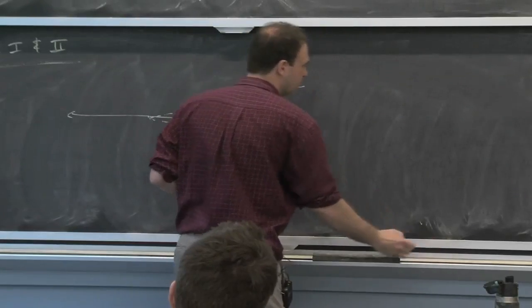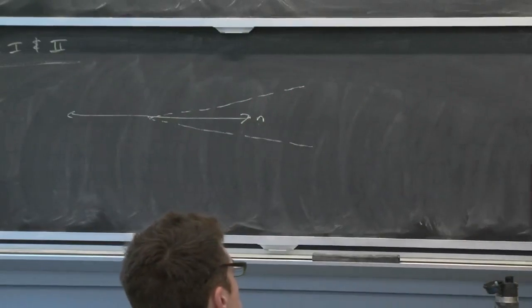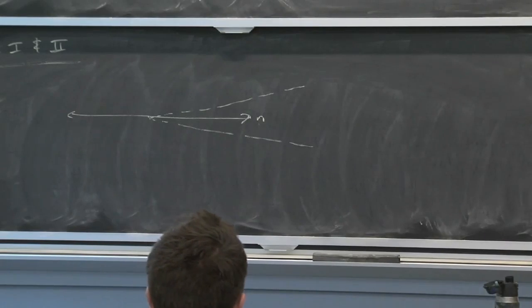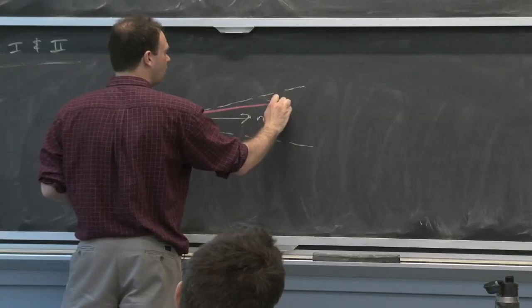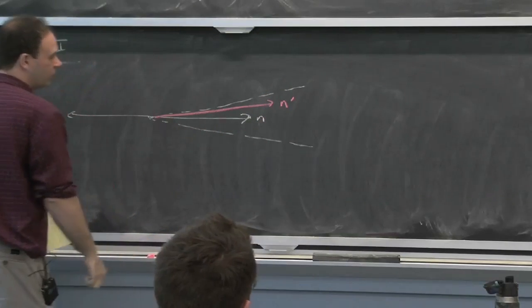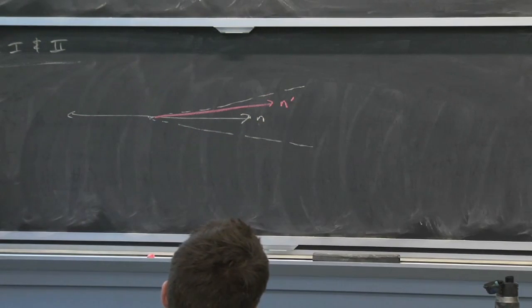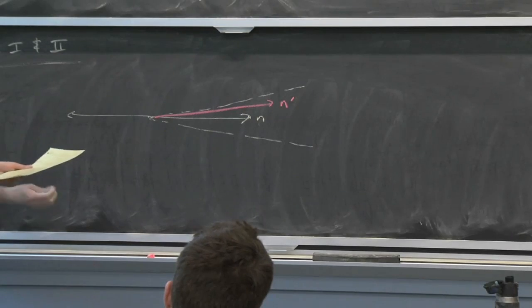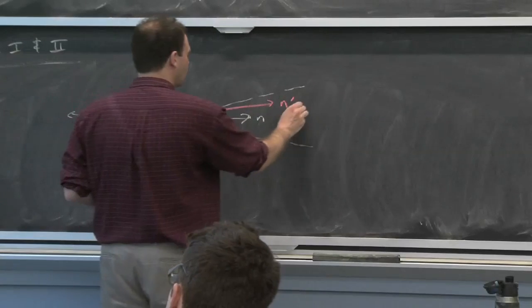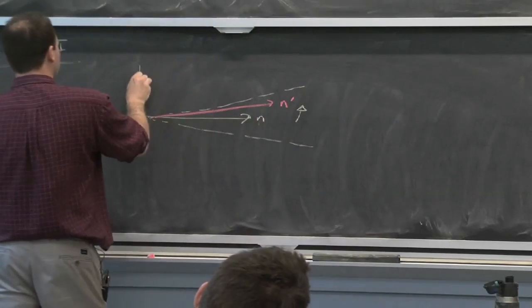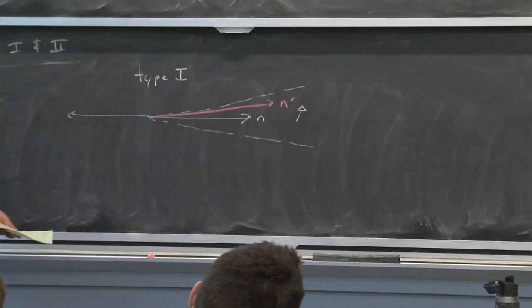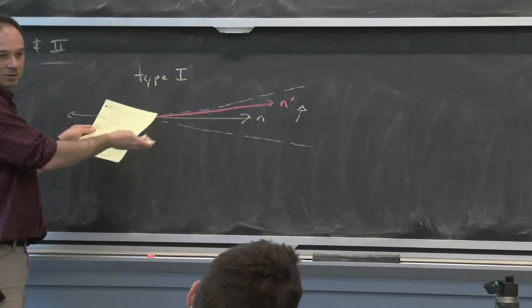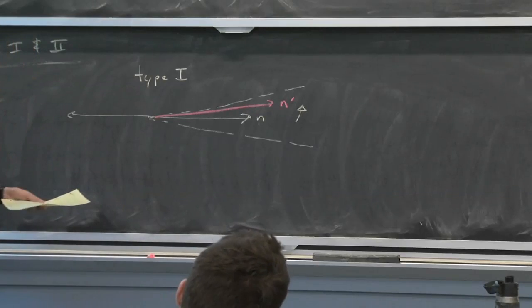And as long as I'm not rotating it by too much, i.e. I'm rotating it by a small amount of order lambda, which you can think of as staying inside the cone, then I can describe everything equally well by some other vector that lives in that cone. And I can decompose the momenta and the modes in terms of that vector, and it will work equally well. OK, so that's what type 1 is physically doing. And so you're not making a large transformation here because you want to still be inside the cone. You still want something that's pointing in the collinear direction.